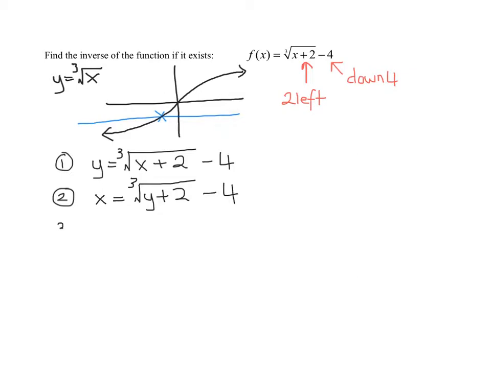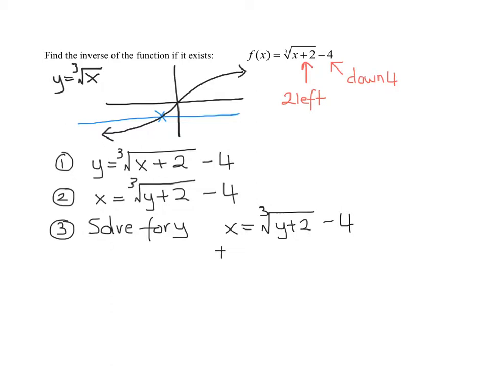Now, the last thing we need to do is we need to solve for y. So I've got to get y all by itself. So that means I need to get the cube root by itself. Then I can undo that by cubing both sides. So let me write my equation over here. So the first thing I've got to do is get rid of that minus 4.